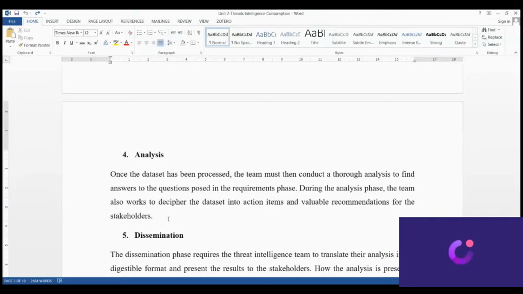Analysis is a very important part of this cycle, and it has to be conducted thoroughly because this will enable you to find the answers to the questions that are provided. So during the analysis phase, the team has to work to decipher the data set into action, in terms of recommendations for stakeholders.